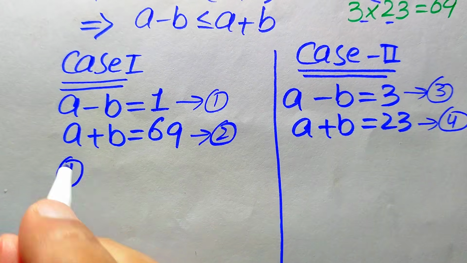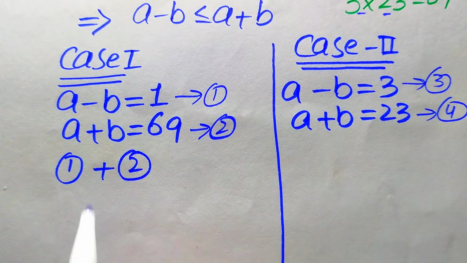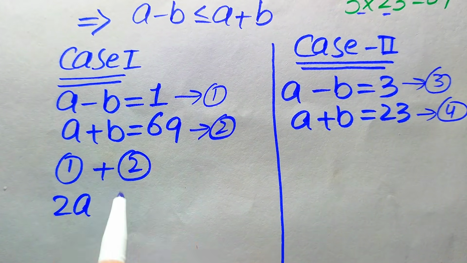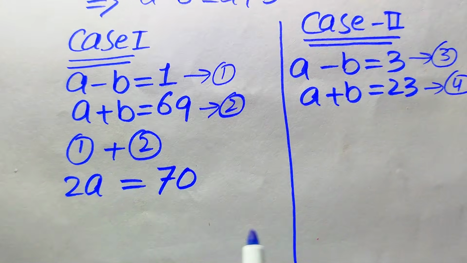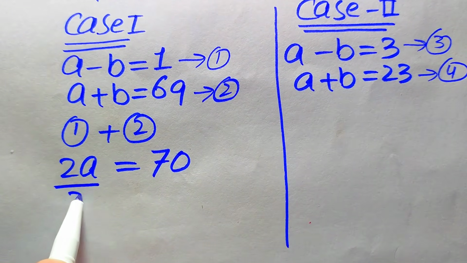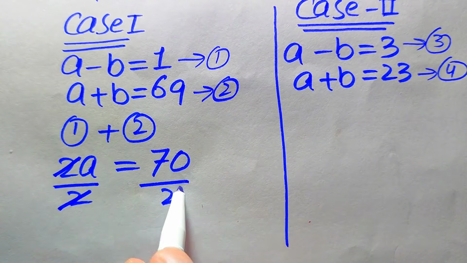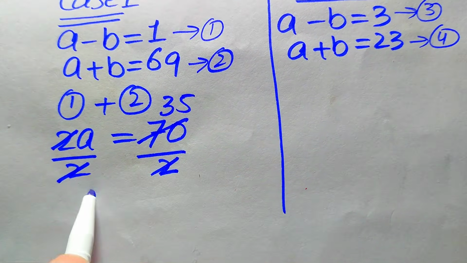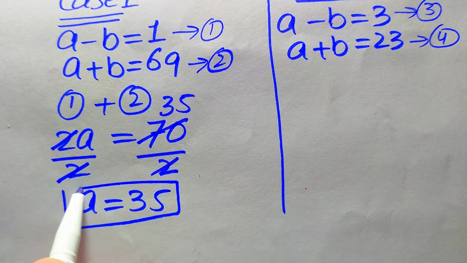Now we sum up equation 1 and equation 2, and we get a + a becomes 2a. The −b and +b are gone, and 1 + 69 becomes 70. We divide both sides by 2 to get the value of a, so a = 35.